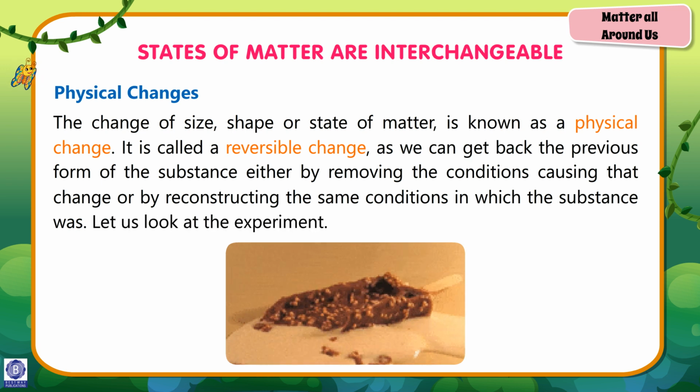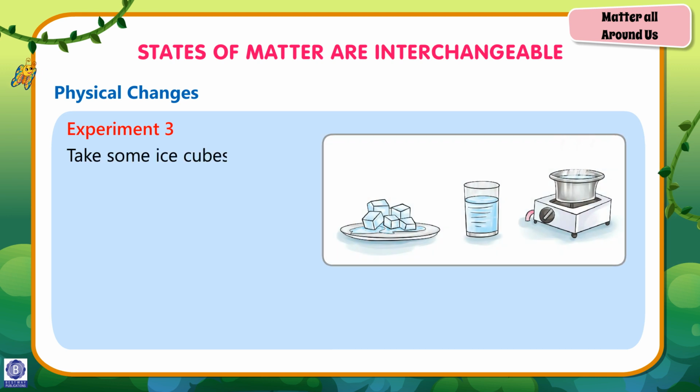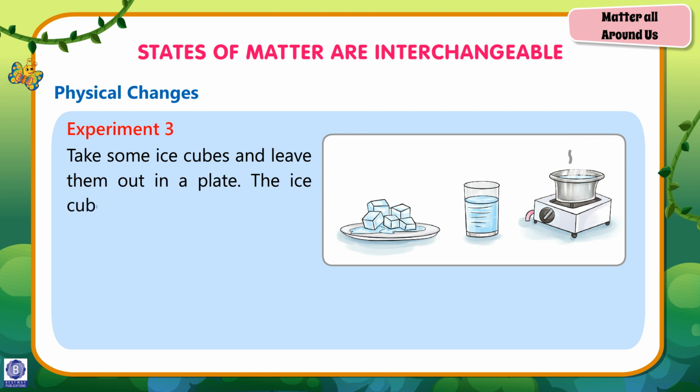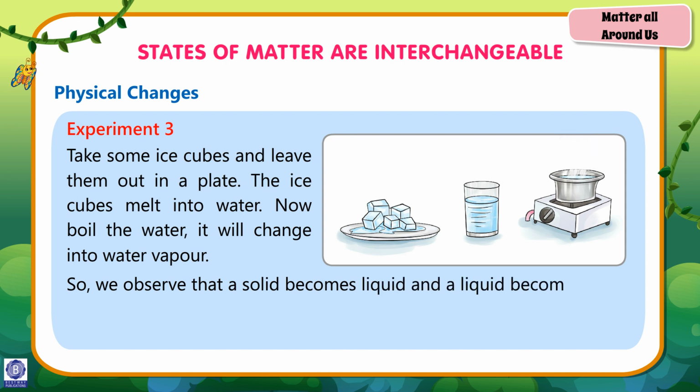Let us look at the experiment. Experiment 3. Take some ice cubes and leave them out in a plate. The ice cubes melt into water. Now boil the water. It will change into water vapor. So, we observe that a solid becomes liquid and a liquid becomes gas on heating.